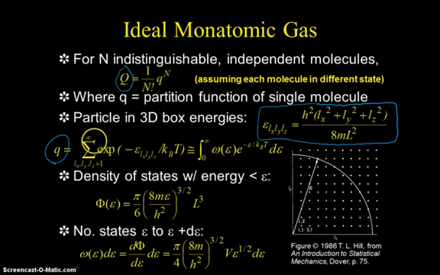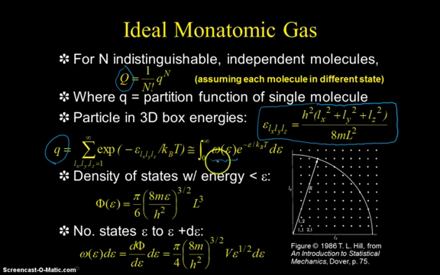So the partition function is the sum for Lx, Ly, and Lz going from 1 to infinity of the exponential of negative the energy associated with that state of the system over kT. We can also write that as the integral from 0 to infinity of omega of epsilon, where omega represents the density of states, or the degeneracy of a particular state epsilon, times the exponential of negative that energy over kT, and we integrate that.